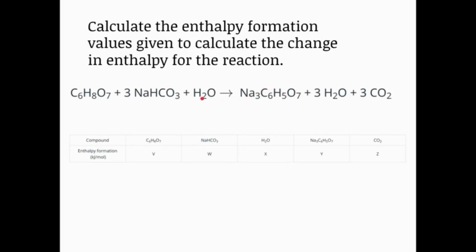Now, in this one, we want to calculate the change in enthalpy for the reaction below given the enthalpy formation values provided.